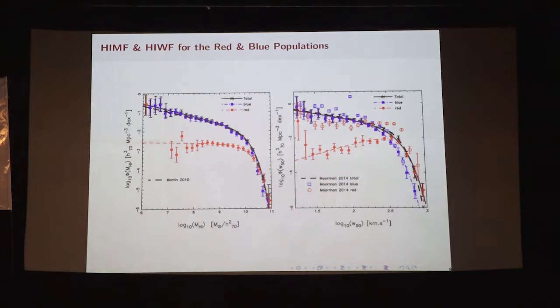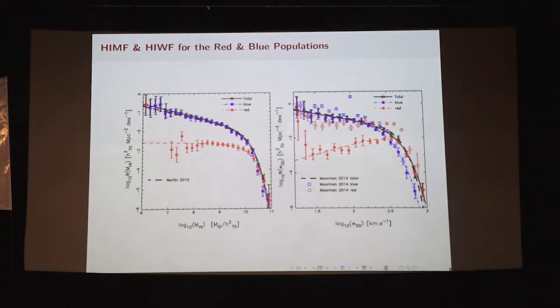So you can see here in the left panel that the blue population is dominating the total H1 mass function at the low mass end up to the knee of the mass function, whereas you can see that the high mass end of the H1 mass function is dominated by the red galaxies. And a similar trend can be seen in the H1 width function case also, but here these distributions are well separated.